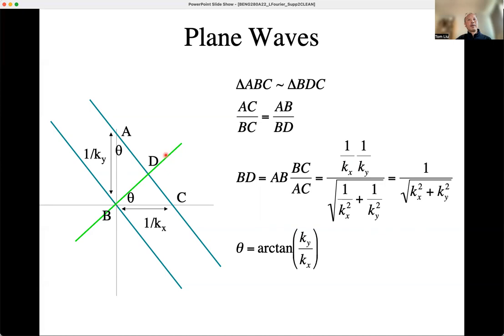So for example, this theta equals arctangent ky over kx, and this is actually the direction of the k-space vector. The nice thing about drawing in k-space is that the direction of that vector tells you the propagation direction of the wave. So if you imagine waves propagating in this way, they're propagating along the direction indicated by your k-space vector. Okay, and we'll go over that a little bit in some examples.